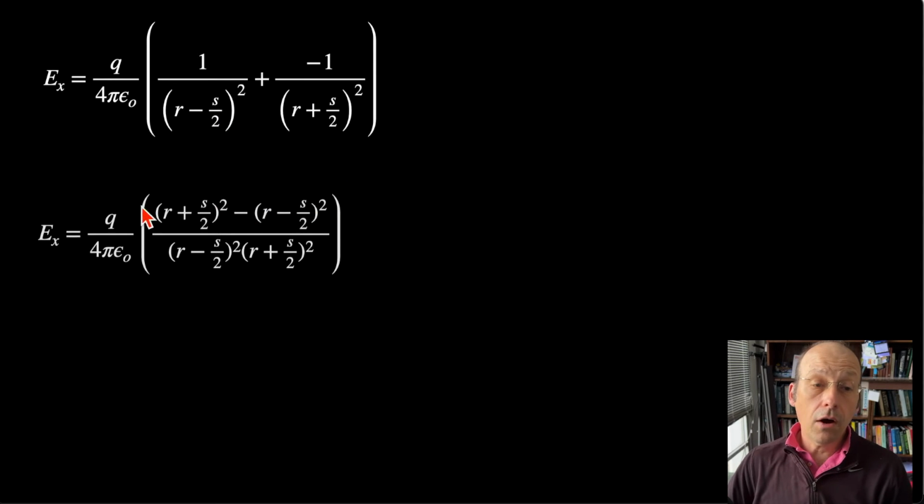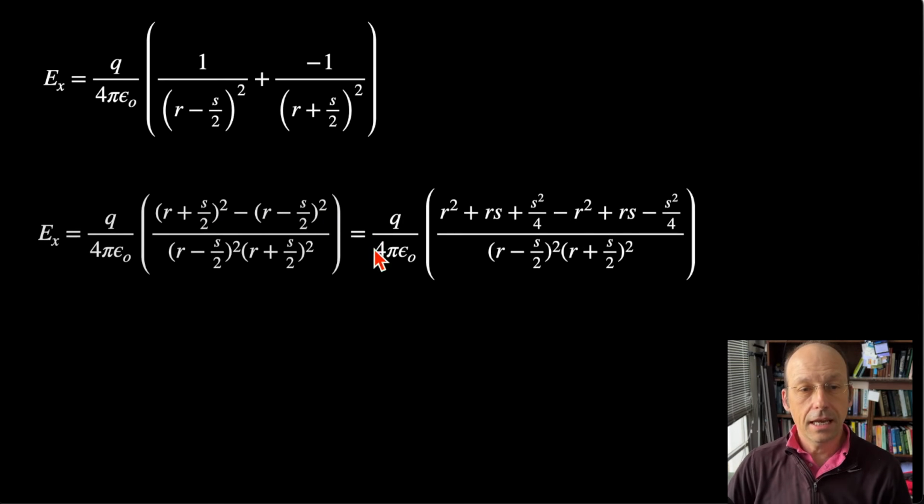What we're going to do now is multiply the top of this out. I can FOIL this: first, inside, outside, last. I get r squared, and then r times s over 2 plus s over 2 times r, so I get two of those, which is just r times s. And then I get s squared over 4.